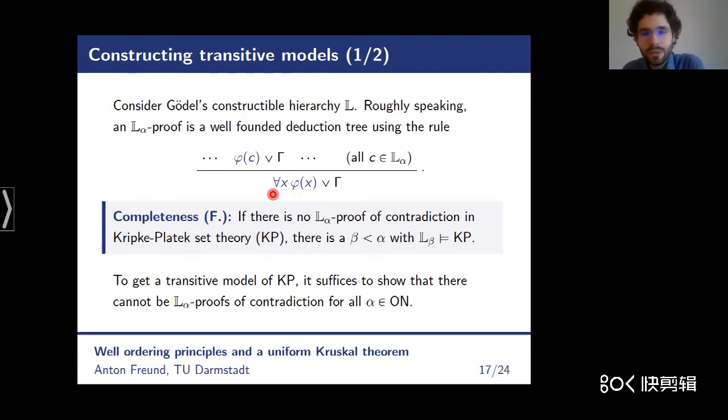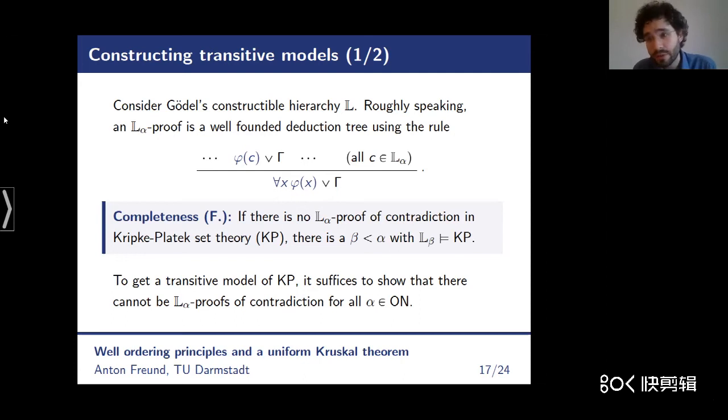Namely, in order to derive a universal statement, you can use a rule that has infinitely many premises, and specifically it has one premise phi of c for each element c of the alpha stage of Gödel's constructible hierarchy. So the only thing that we have done in comparison to the omega rule is we have replaced the set of natural numbers by these stages of Gödel's constructible hierarchy.